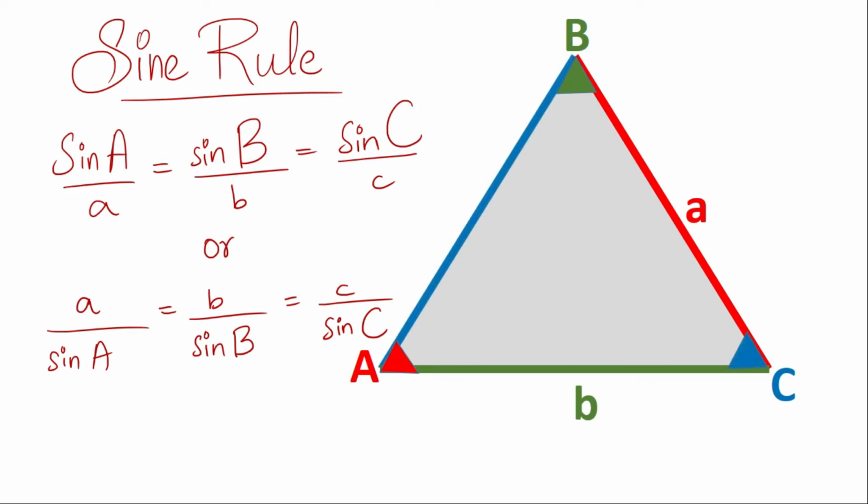And for angle C, you can see the blue line. So when the angle is denoted by the capital letter C, it is a small c that denotes the side.